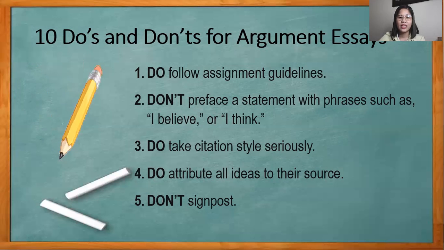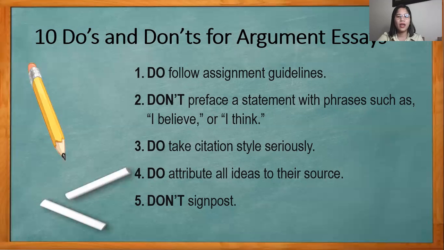And the third one is, do take citation style seriously. This is a way of citing your sources in the later part. And the fourth one is, do attribute all ideas to their source.